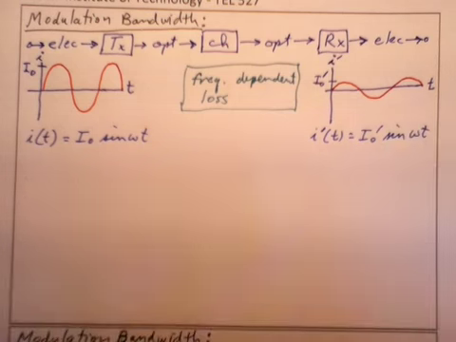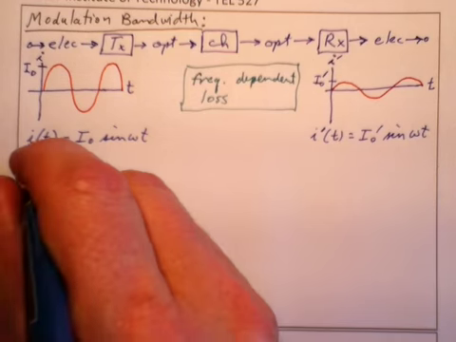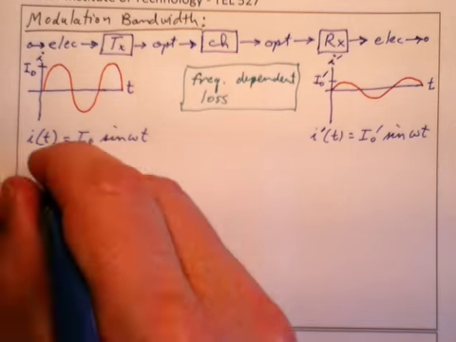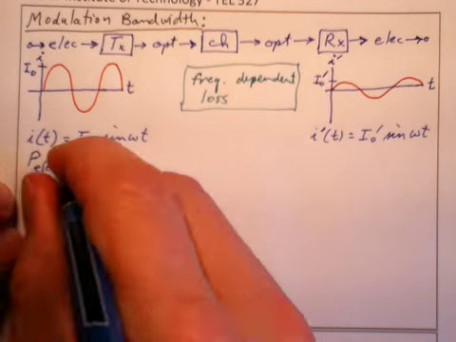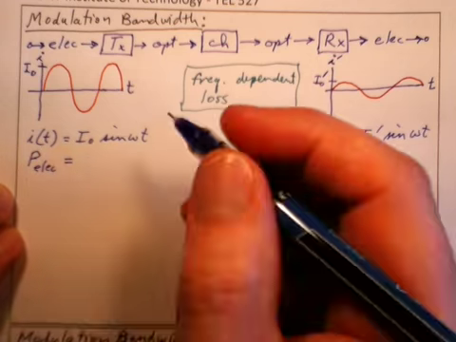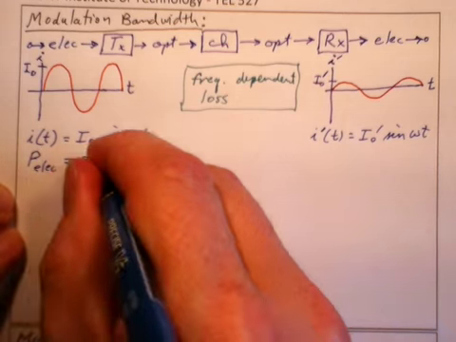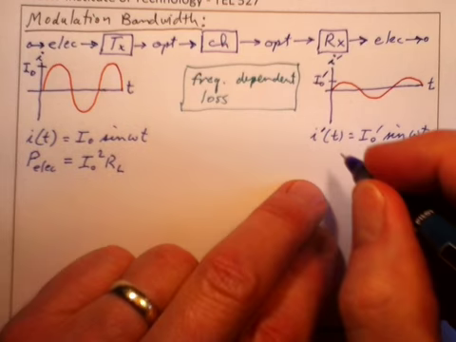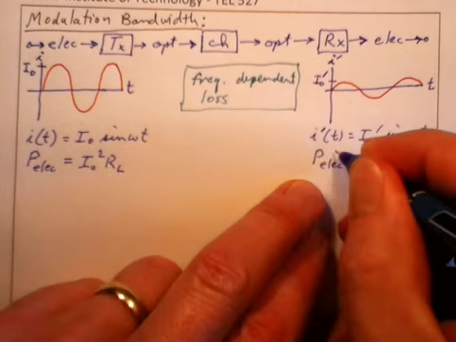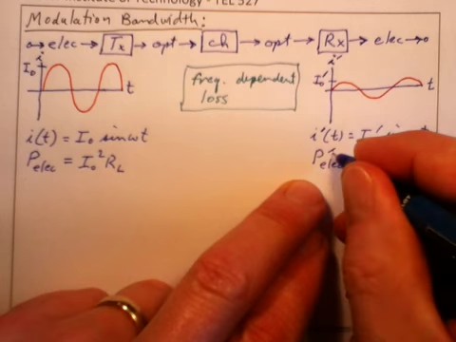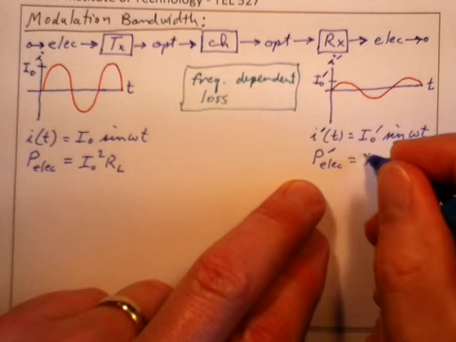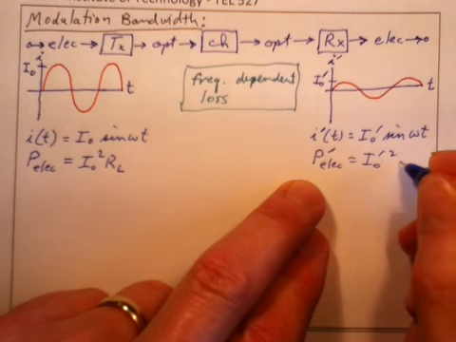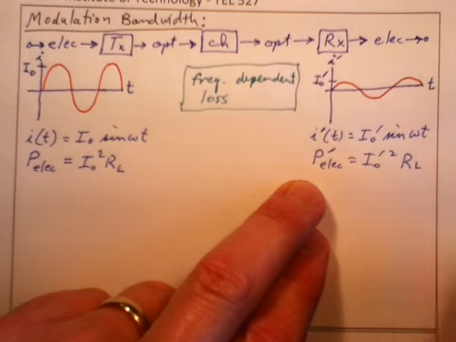Okay? And what we're going to do is say that the electrical power at the input is I naught squared times RL, where RL is some load resistor, and the electrical power at the output, P elect prime, is I naught prime squared times the load resistance.